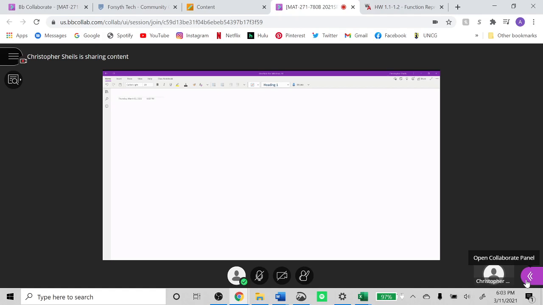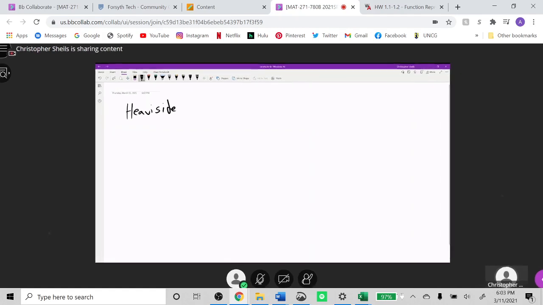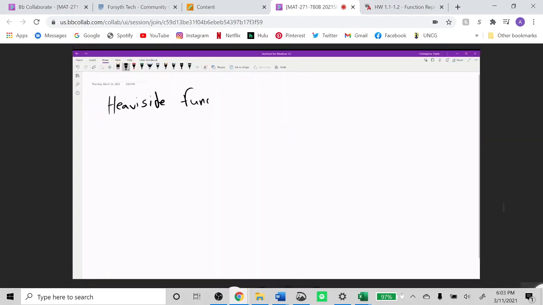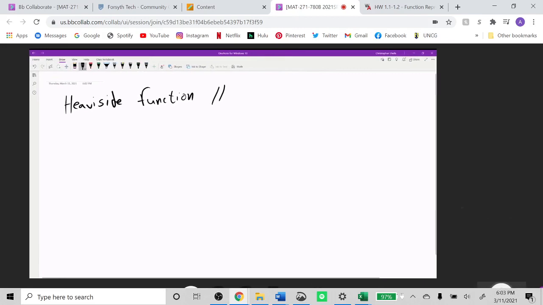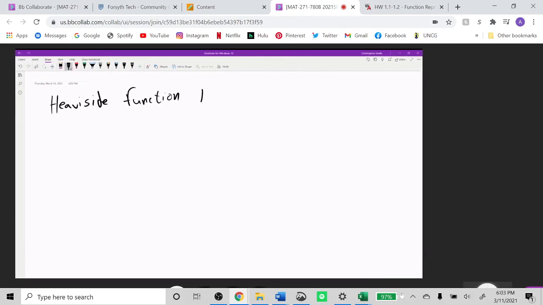Today we're going to continue our discussion of limits, but we're going to discuss this idea of one-sided limits, beginning by discussing what's called the Heaviside function. The Heaviside function, sometimes denoted h, I suppose.